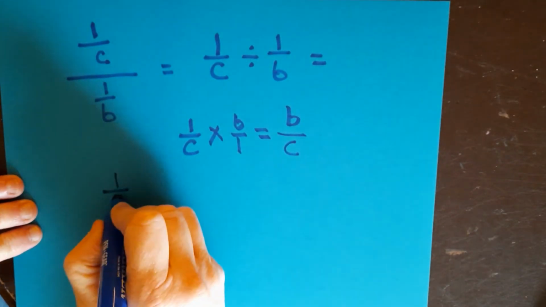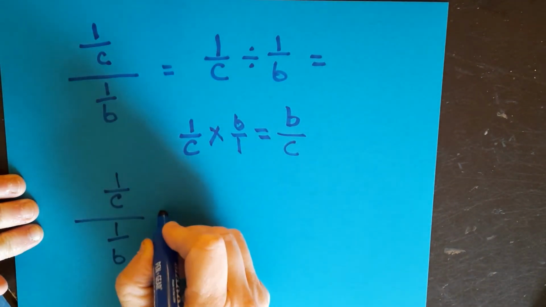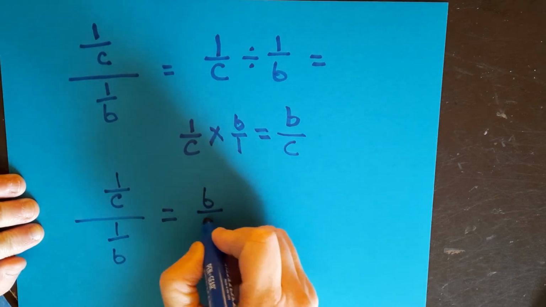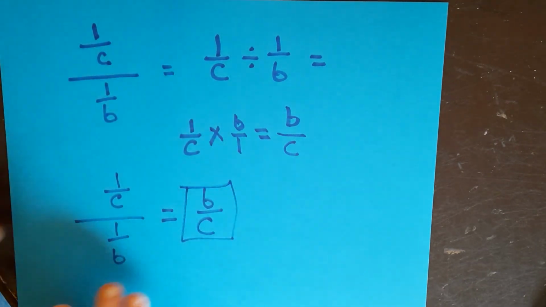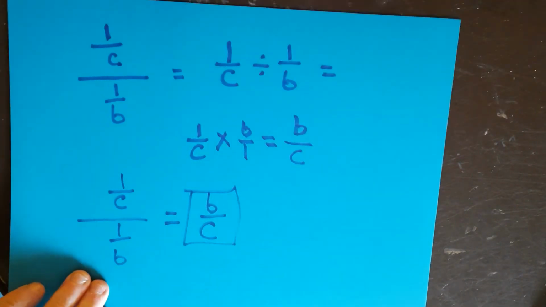So, if you need to simplify this complex fraction, that's the same as b over c. Simple, right? Let's try one more and we'll be done with the videos for this week.